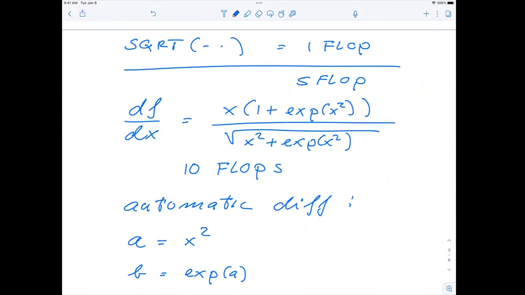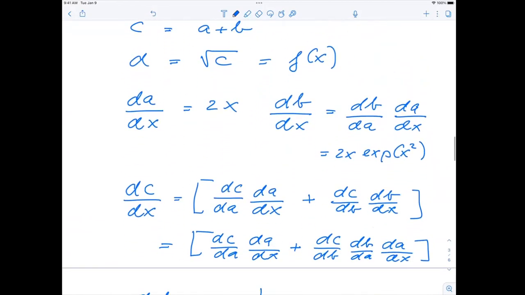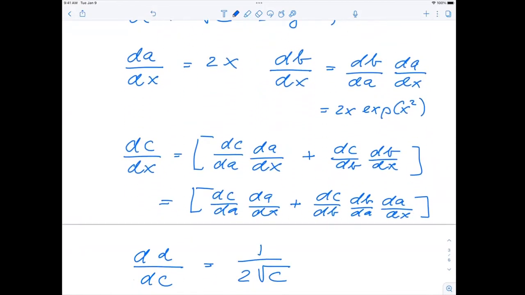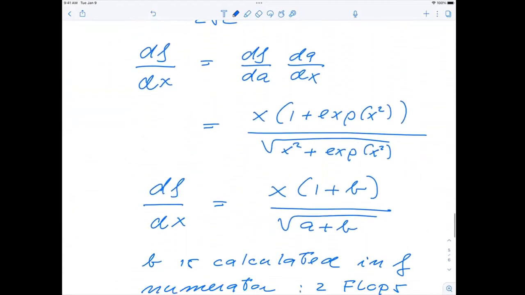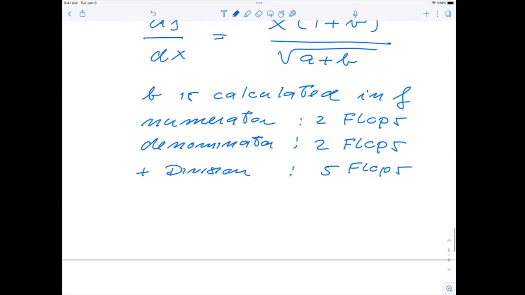But then what the code would do is simply to code these specific equations. And if we do this in a brute force way, that would actually require 10 floating point operations. On the other hand, if I use this formula based on the chain rule and calculate the derivatives, I am down to 5 floating point operations, as you can see here.